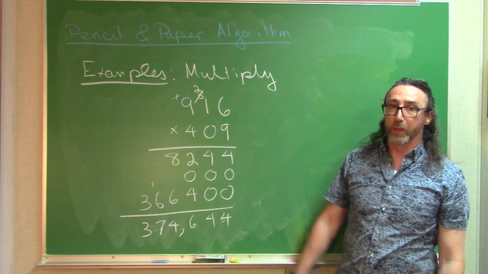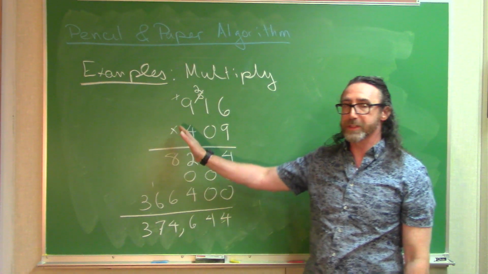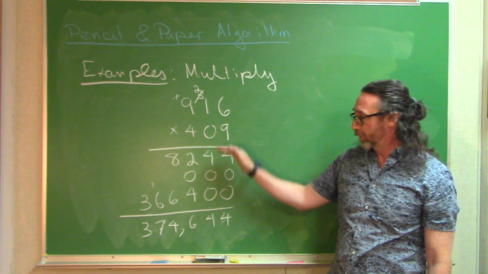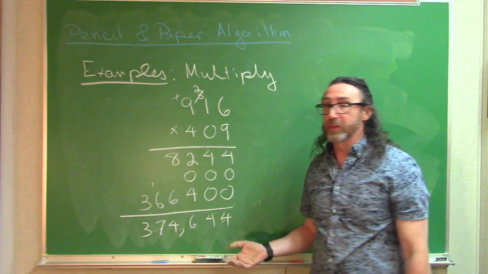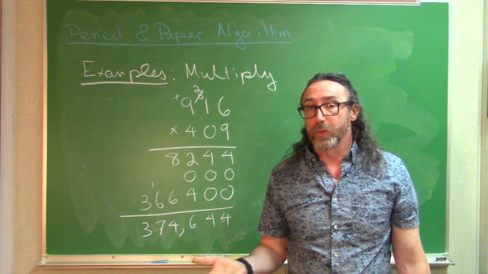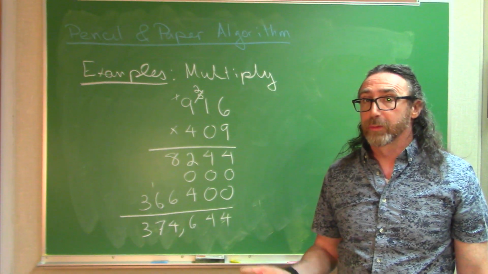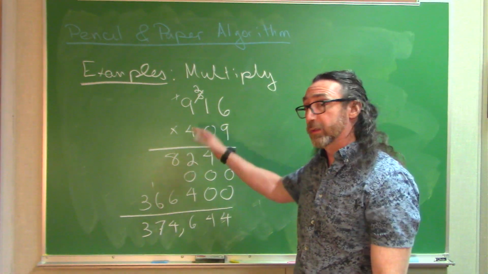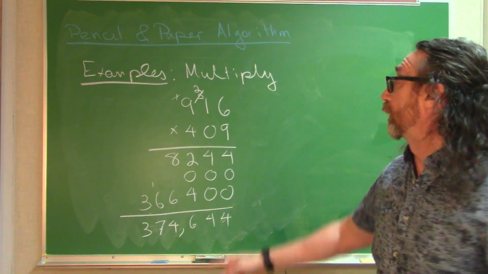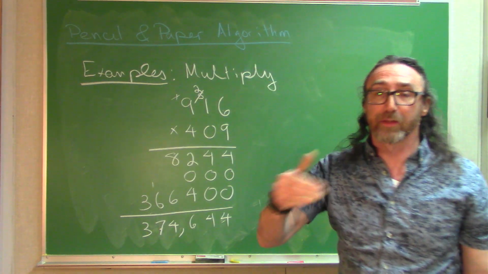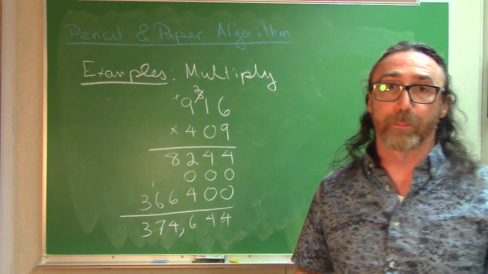And then once we're done with all the places in this bottom number, we add. And that's your standard pencil and paper algorithm for multiplying whole numbers. It works every time. Sometimes it can get a little tedious, but it will get you the answer. And that's what an algorithm is, a set of steps that will accomplish a task.